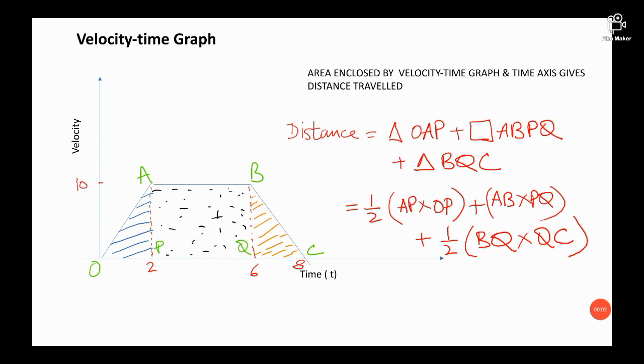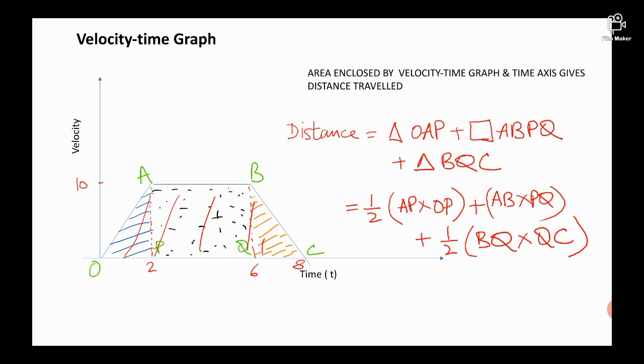One important and practical aspect of the velocity time graph is that the area enclosed by the velocity time graph and the time axis denotes the total distance traveled by the object. Hence, if we have a velocity time graph, we can easily find the distance traveled by calculating the area enclosed.